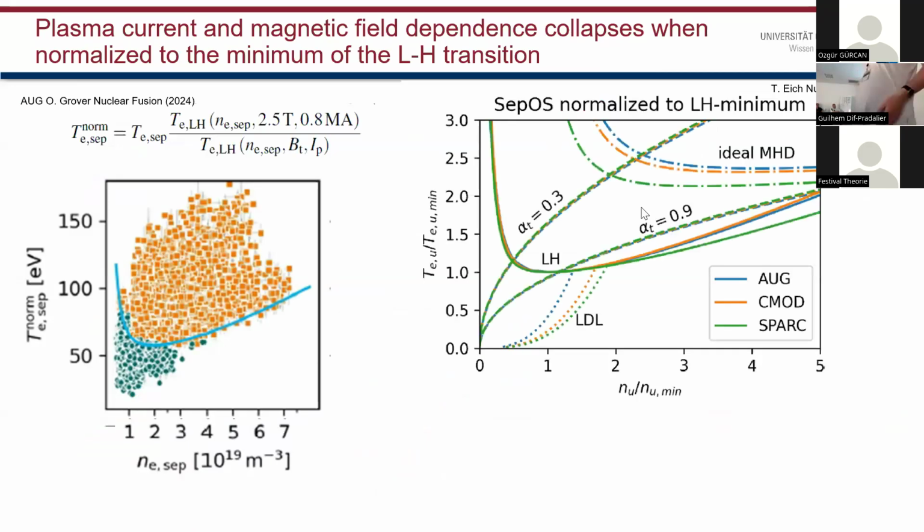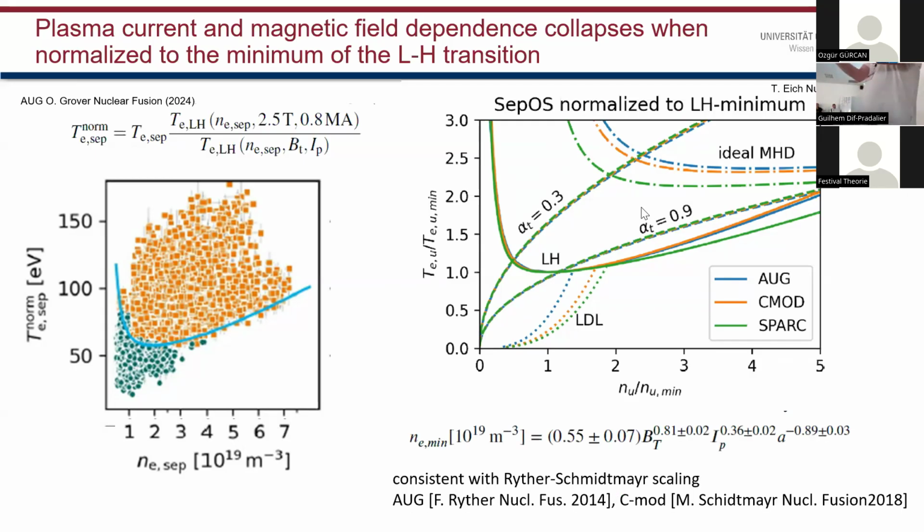You can calculate this then for Alcator C-Mod and SPARC. And if you normalize to the minimum temperature and the minimum density of the LH transition, we have a unified picture of all of the tokamaks.